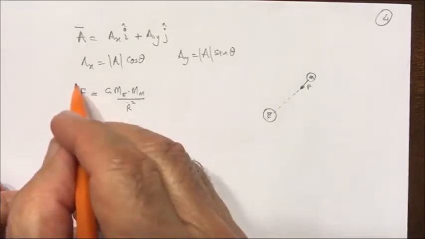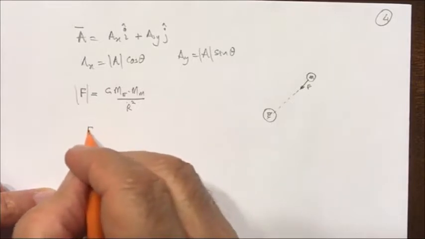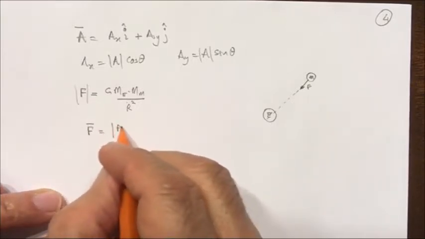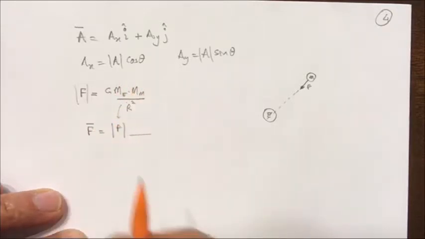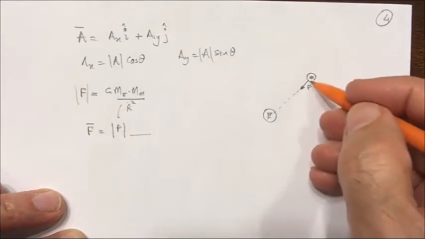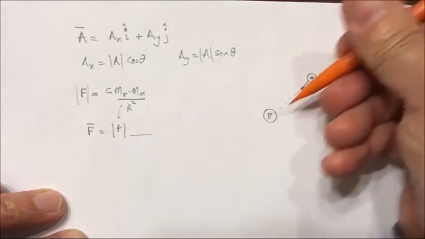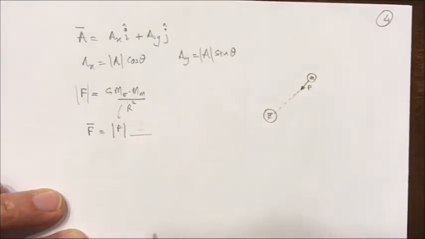But that's the magnitude of the force. And since the force is a vector, we would not only have the magnitude, which we get from here, but we need a direction. And the unit vector in this direction, pointing towards the Earth, is what we need to write over here.